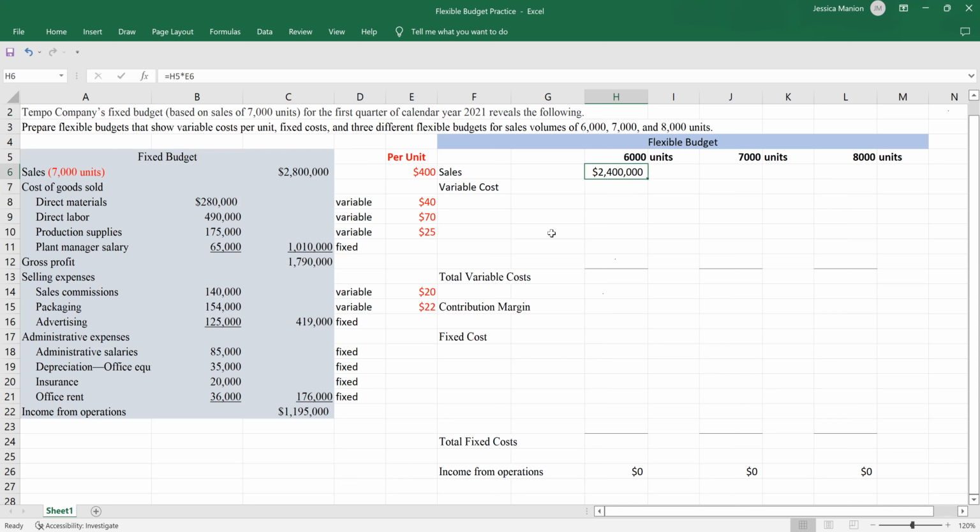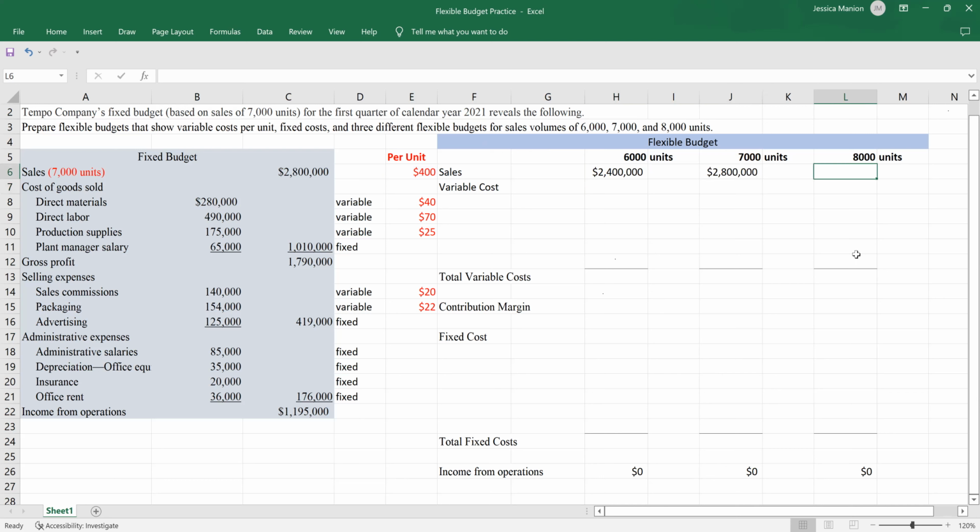And we can go ahead and fill that in. We already know, because they gave us the information on the fixed budget, sales at 7,000 units. Again, we've got selling price of 400 times our 7,000 units, 2.8 million.